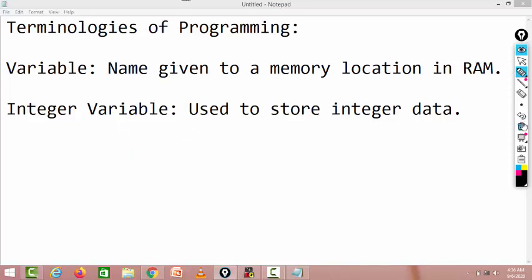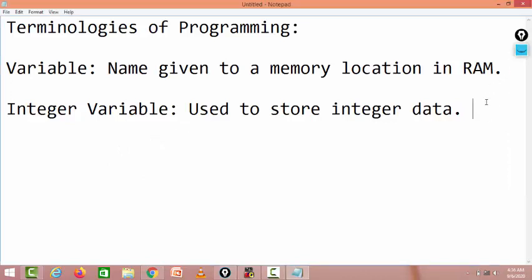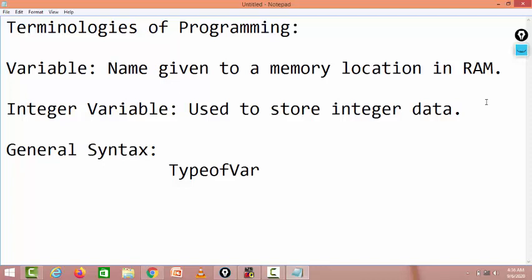So what do I have to do? Understand the general syntax. First you have to write the type of variable, then a space, then the variable name, and then end with a semicolon.